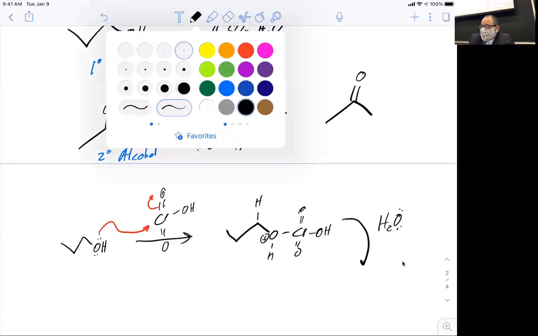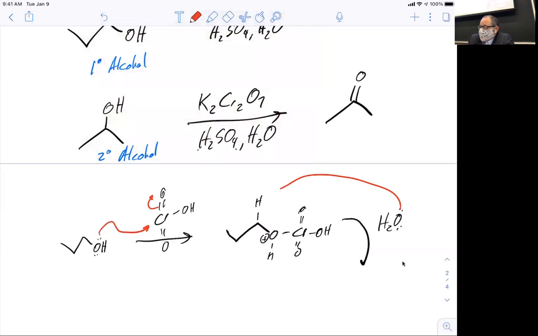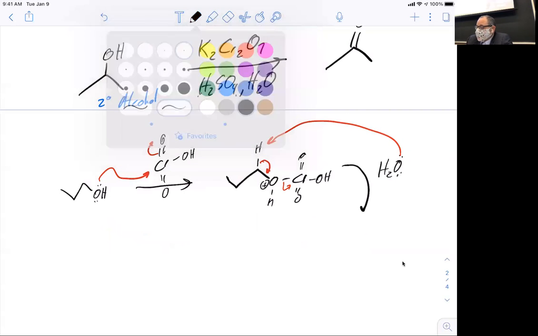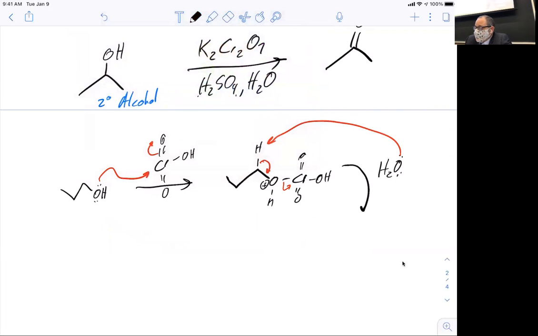Then the water can come in, extract that alpha hydrogen. We get the reduction of the chromium.